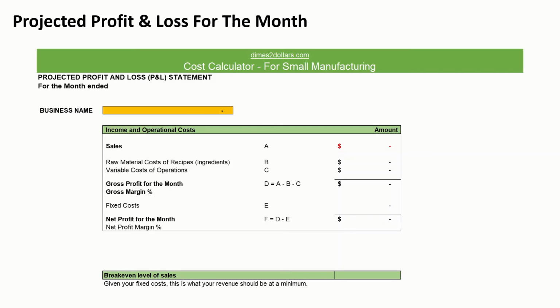The beauty of this cost calculator file is that we've built checks and balances that alert you at every stage of your pricing and costing journey, not just on how you're doing with each individual product, but also generally how you're doing versus the profit targets you set for yourself. One additional cool feature is that, given your fixed and variable cost structure, it'll tell you what your break-even level of sales should be. That is, beyond what minimum level of sales you should expect to start making money in your business.